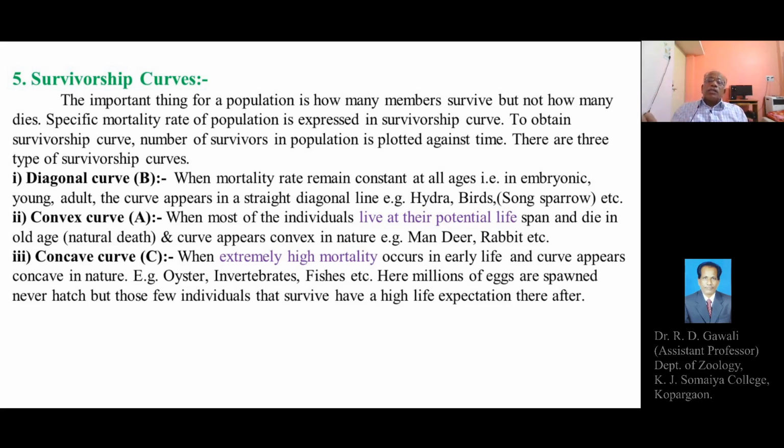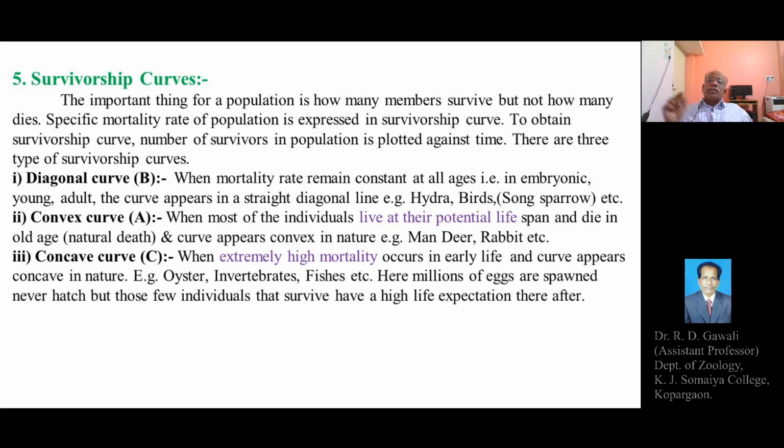For example, oysters or bivalves, mollusks, other invertebrates, and fishes, etc.